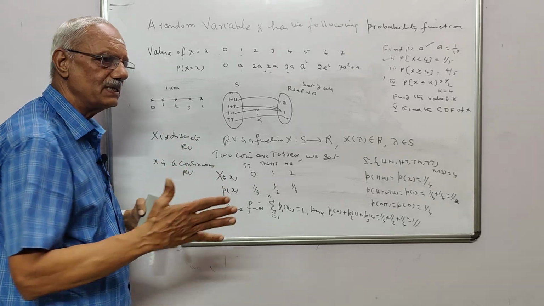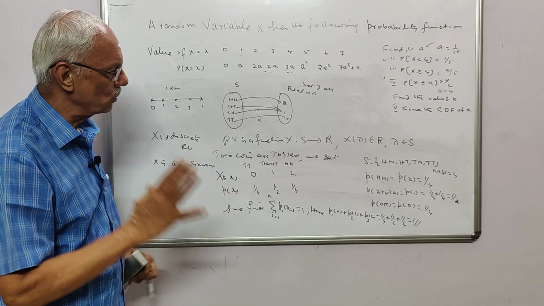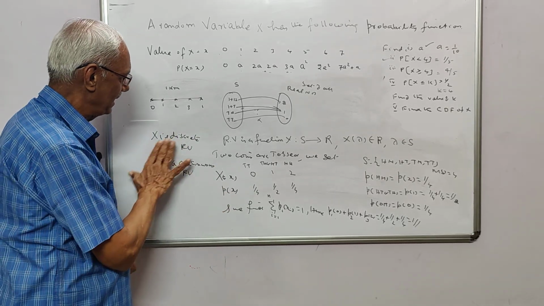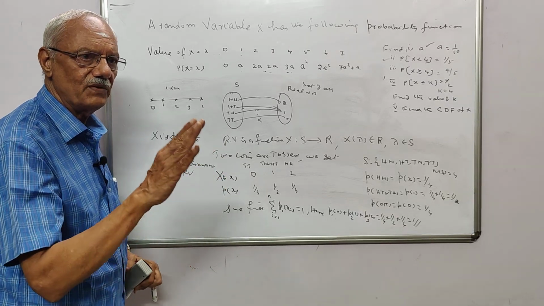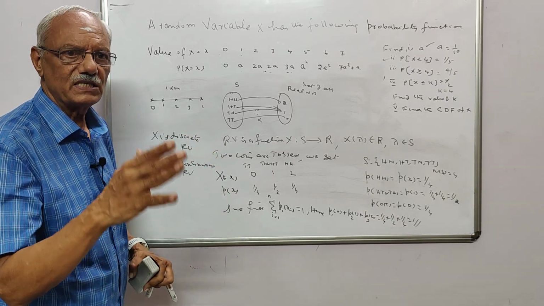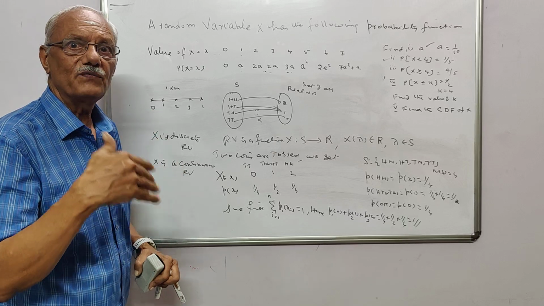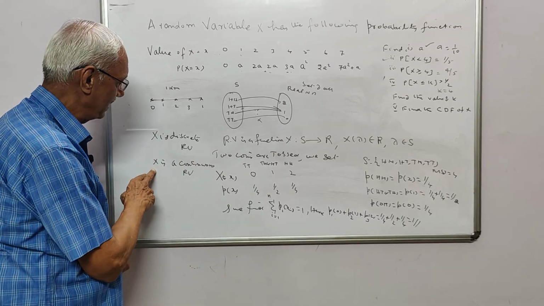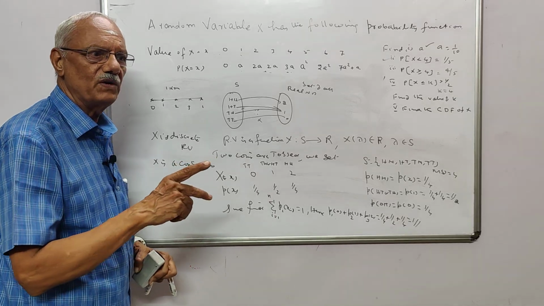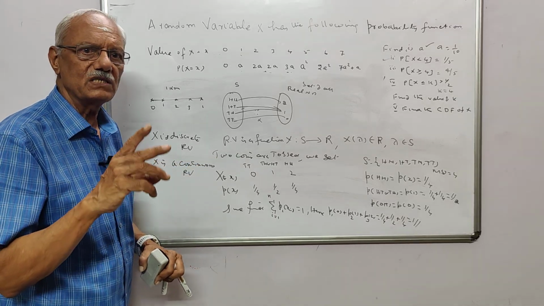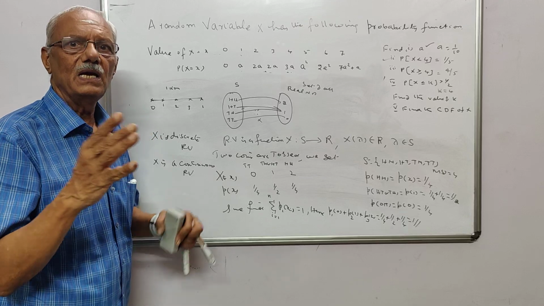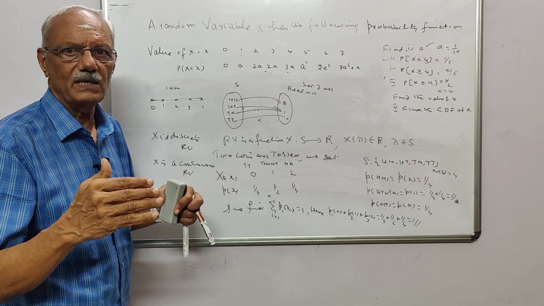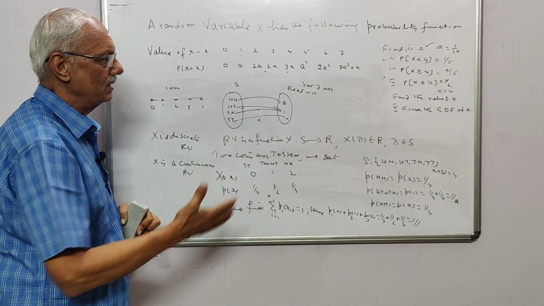But if it is discrete, just an algebraic sum will give you that. So this is the difference. A discrete random variable takes a finite number of values or countably infinite number of values, whereas a continuous random variable takes continuous values which may be defined in an interval. Can you understand?